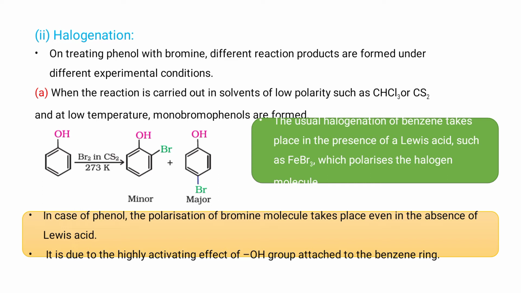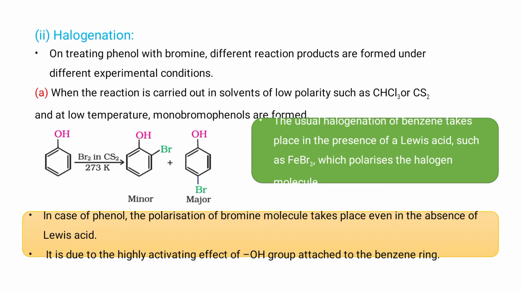First, when the reaction is carried out in solvents of low polarity such as CHCl3, chloroform, or CS2, carbon disulfide, and at low temperature, monobromophenols are formed. So this is the reaction, phenol reacting with bromine in the presence of carbon disulfide at 273 Kelvin. Phenol is converted to these two products.